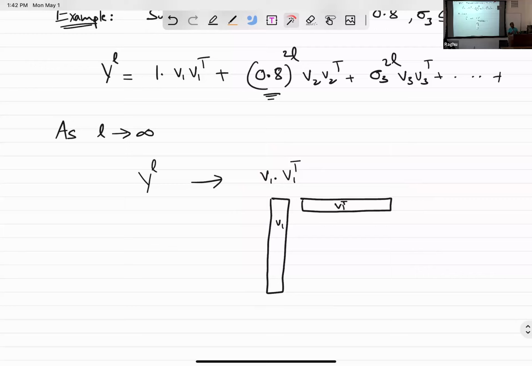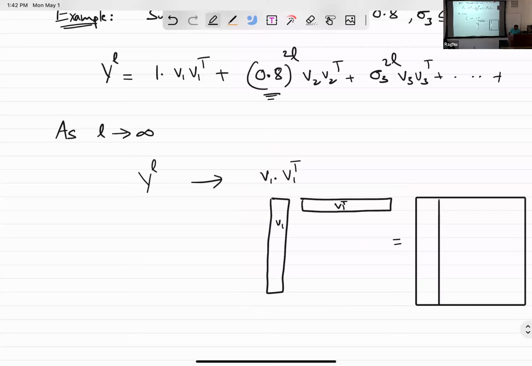But actually you can just look at the first column. Even if I look at the first column, what is this matrix? The first column is basically V1 times a number. All of the columns are proportional to V1.